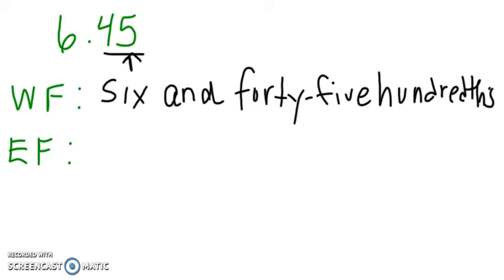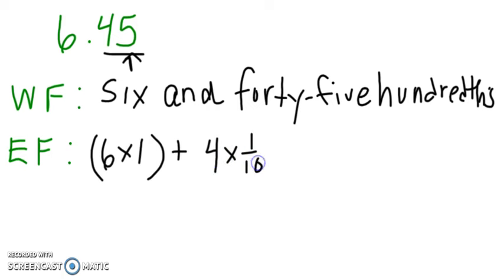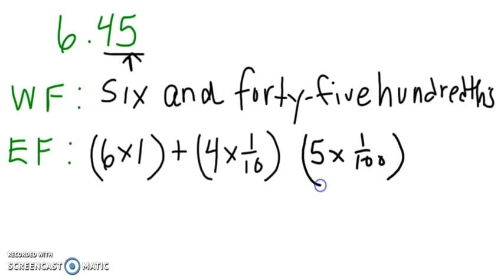My 6 is in the ones place, so I would do 6 times 1, and add that to 4 times 1/10, because my 4 is in the tenths place, and my 5 is in the hundredths place, so that'll be 5 times 1/100. And then add those all together, and that's how I could represent that in expanded form.